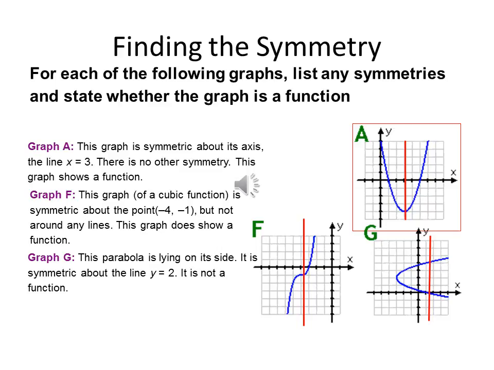We can tell that it's not a function because the vertical line touches the curve two times. Let's check our work. Graph G, this parabola is lying on its side. It is symmetric about the line y equals 2. It is not a function. Okay, great job.